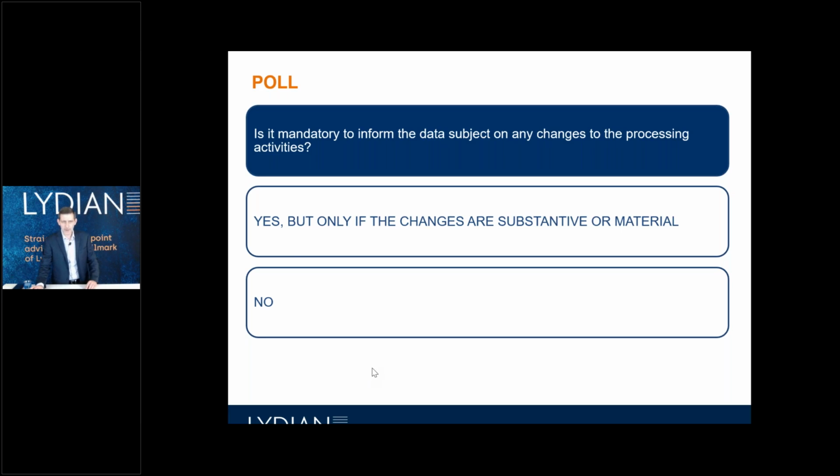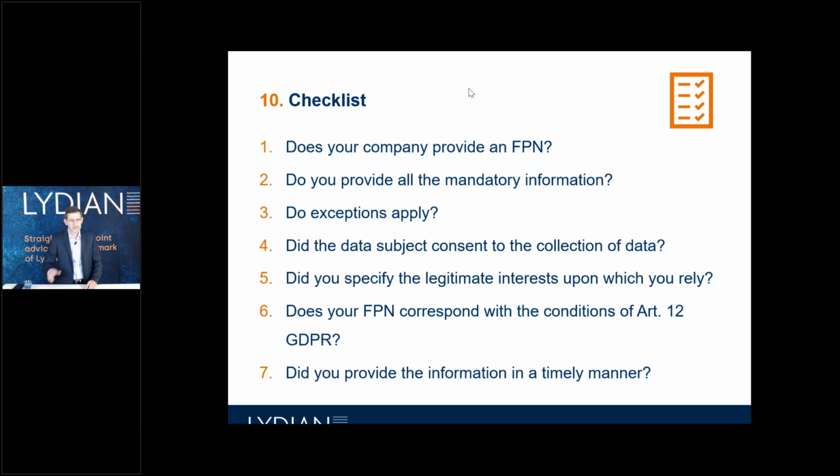I think we have almost reached the end of the presentation. What we have done here at the end is provide you with a short checklist of a number of items that you should consider when reviewing or drafting your fair processing notice.